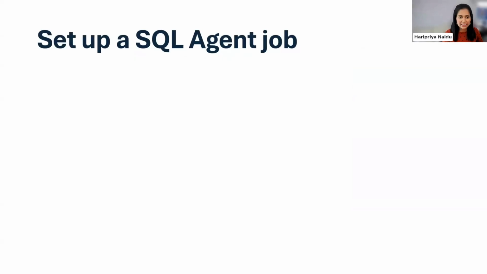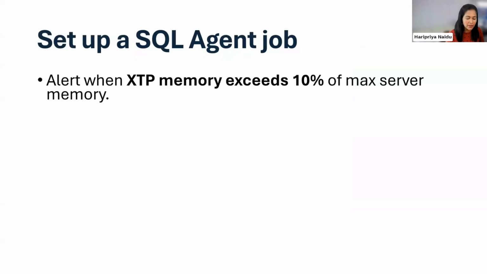What we have done is set up a SQL agent job with a couple of conditions. Alert me when this XTP memory goes beyond 10% of the maximum server memory. Imagine your server memory is 100 gig, and if your XTP memory is more than 10 gig, then it will let me know.